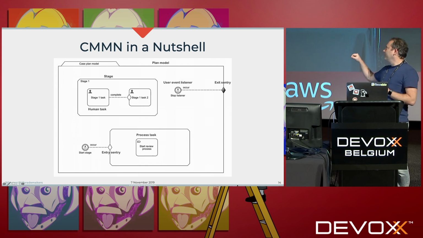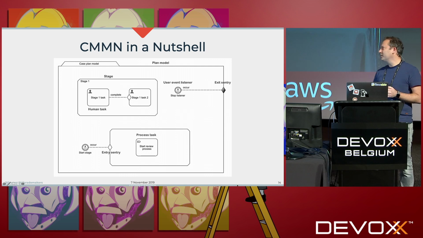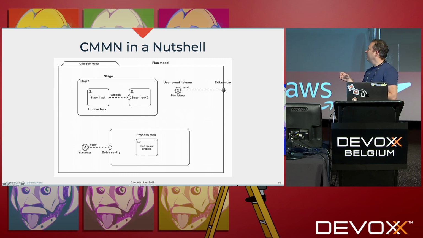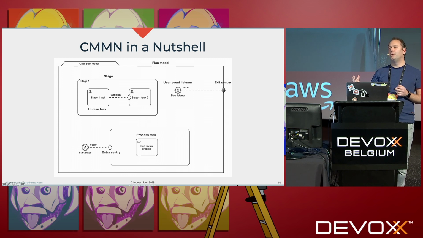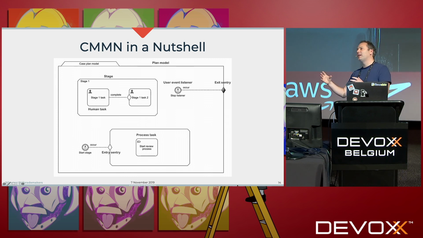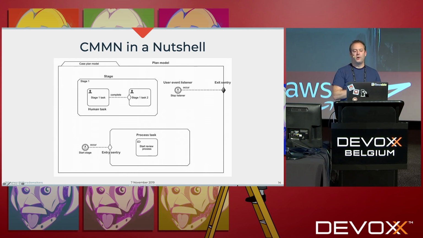So you see the kind of diamond-shaped elements there, and that's a sentry, where you can say, for example, from stage 1 task to stage 1 task 2, there's a sentry, which means that when stage 1 task is completed, then stage 1 task 2 will become available. So in that way, you can still connect elements to each other, and you can still have a kind of sequence in your elements.